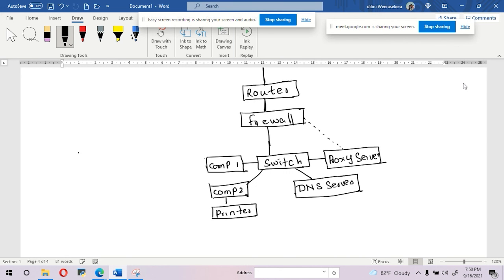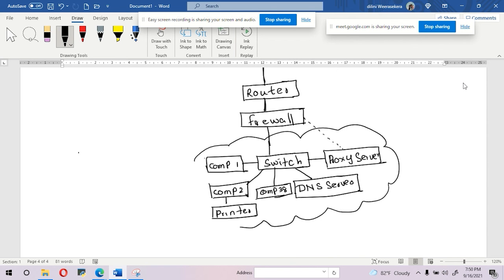Okay. Now there are 40 machines. 2 are given for the DNS server and the proxy, so the remaining 38. We have done 1, 2. We have to show that we have 38 machines. So 38 computers are there. Computer 38. Okay. Now what is this?